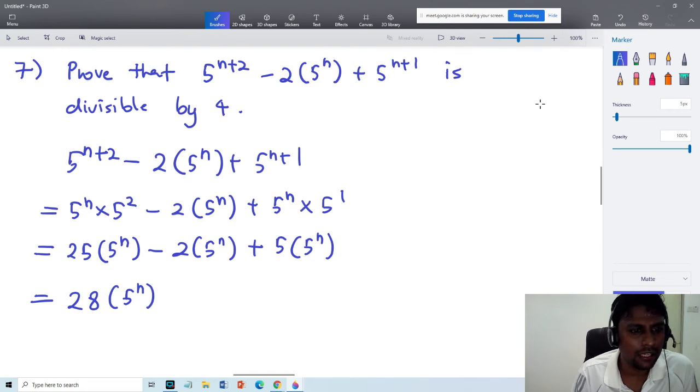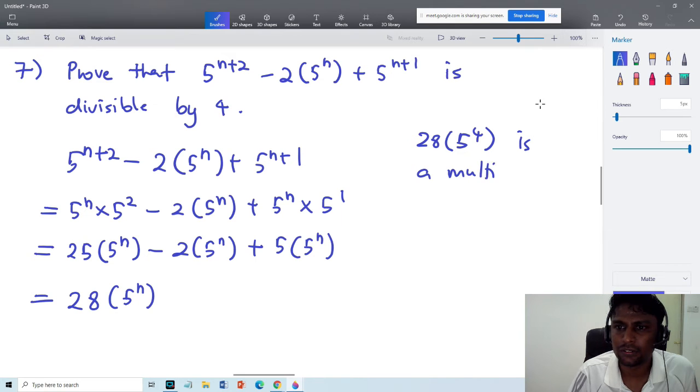Okay, is it divisible by 4? Yes, of course, because 28 can be divided by 4. Okay, 28 times 5^n is a multiple of 4. Okay, multiple of 4, so definitely it can be divided by 4.